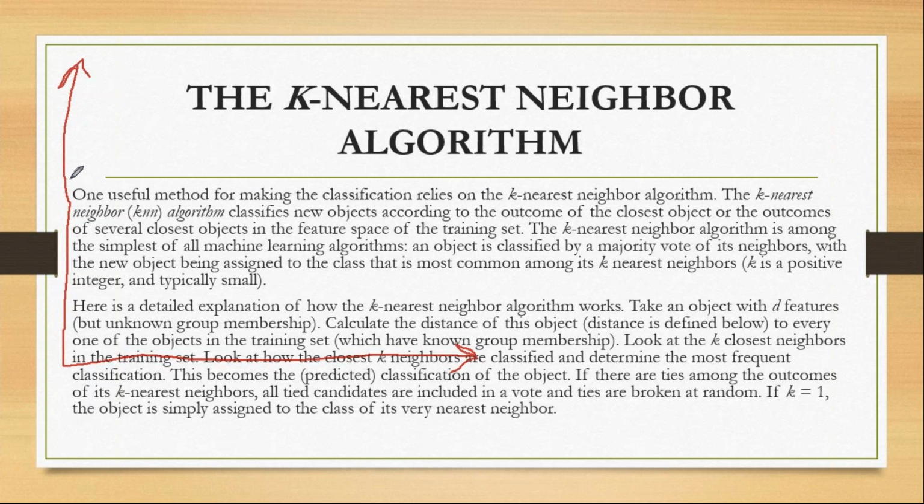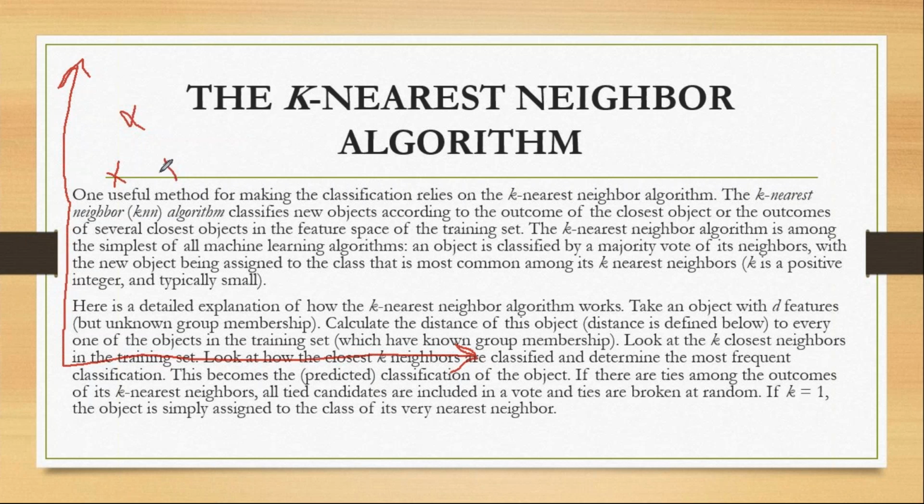Let's say I have two axes for the two continuous variables, and here I have plotted my two classes. This is a cross, and this is a plus.